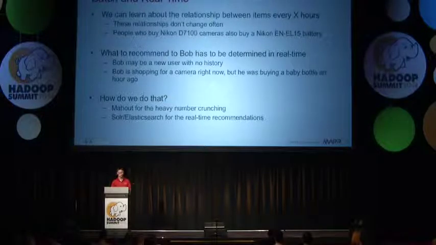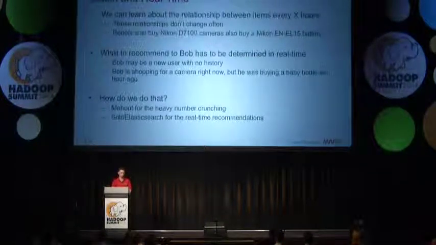So it's one thing to learn the relationship between items, think books or cameras or whatever. They're rather static, right? Things like people who bought that one camera would likely also buy a battery for that camera later on. However, if you look at one specific prototypical user, Bob here, what you really want to do is determine in real time what you can recommend this user to purchase or to listen to.